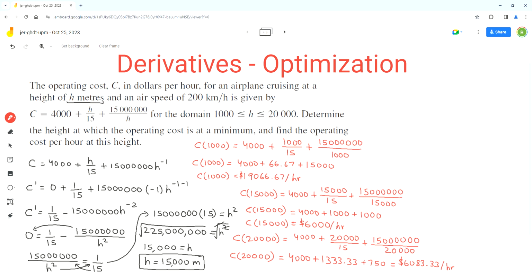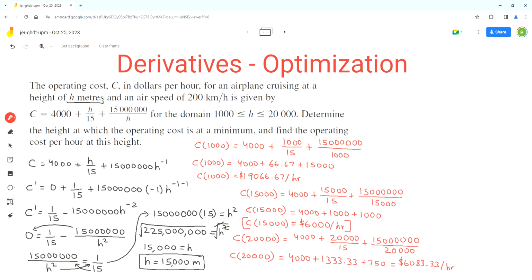Now we have to find the height at which the operating cost is at a minimum, and we got the lowest operating cost of $6,000 for the h of 15,000 meters.